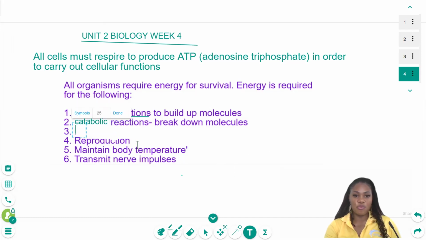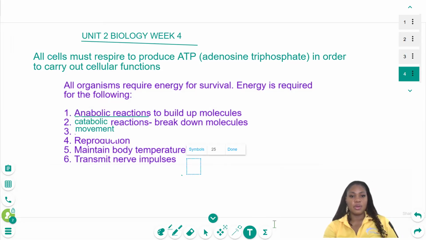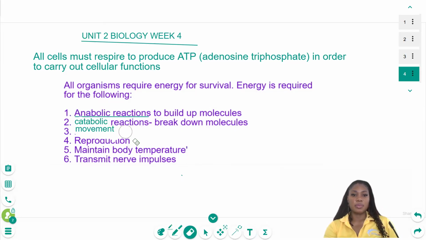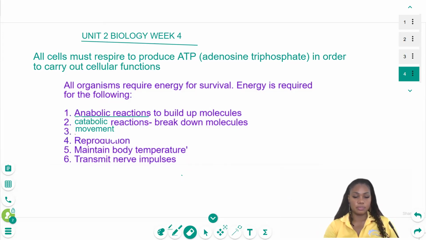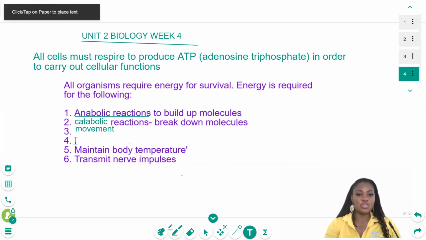We need energy for movement, for reproduction, to maintain body temperature, and to transmit nerve impulses.